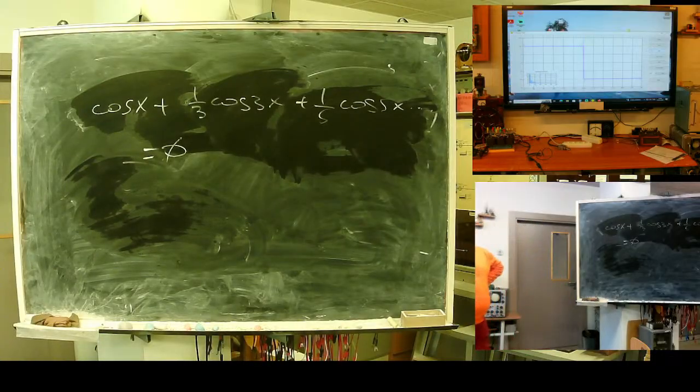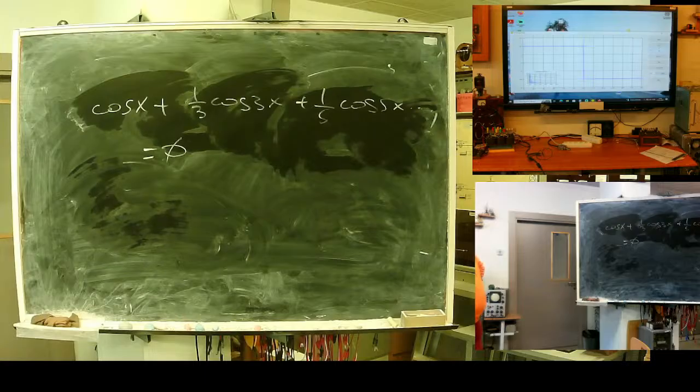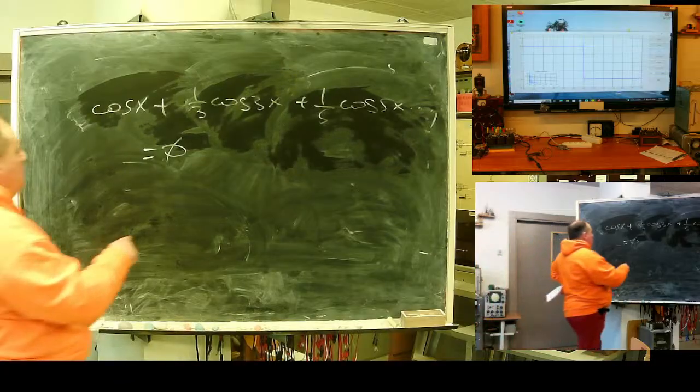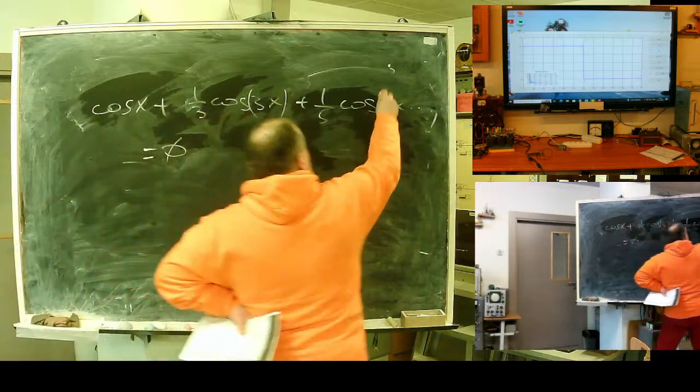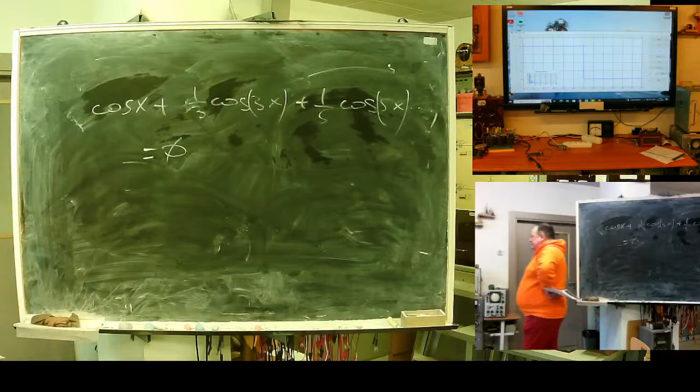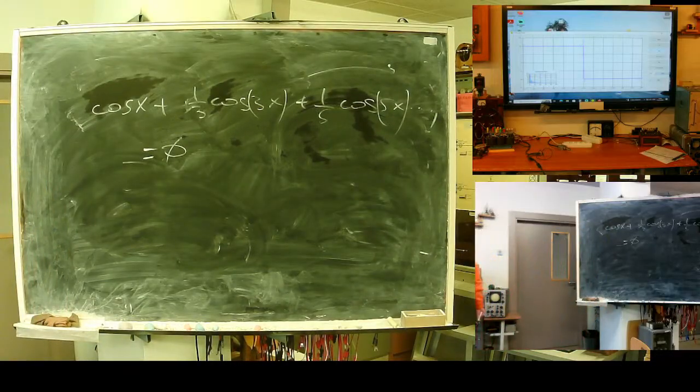How can we solve such an equation? Here's the problem. If we need extreme points, we need to solve an equation with a sum of cosines. I don't know how to do it, but Gibbs knew.